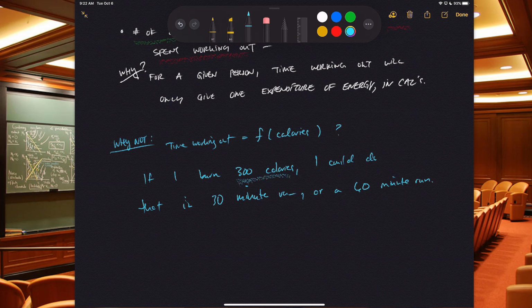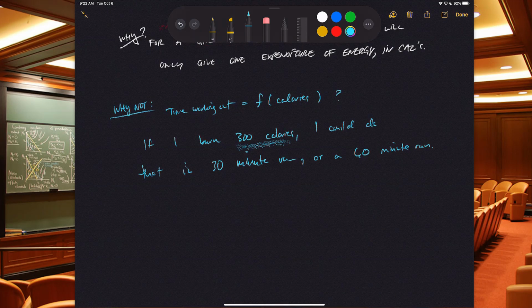If we think of the input of 300 calories and then how long it takes to work that out, it's really a question of now like intensity, right? So that changes things. So this would result in having multiple outputs per input. Therefore breaking the definition of function.